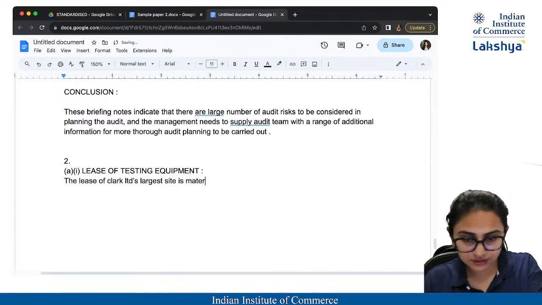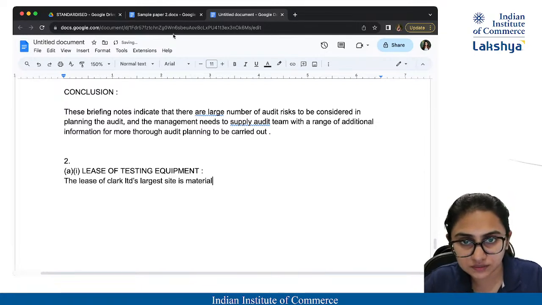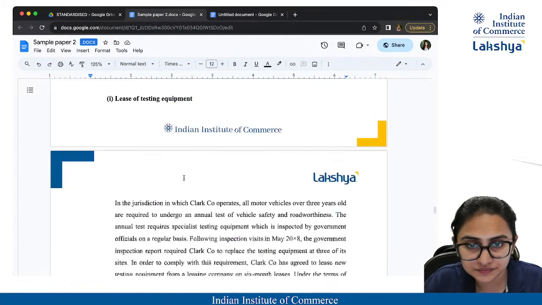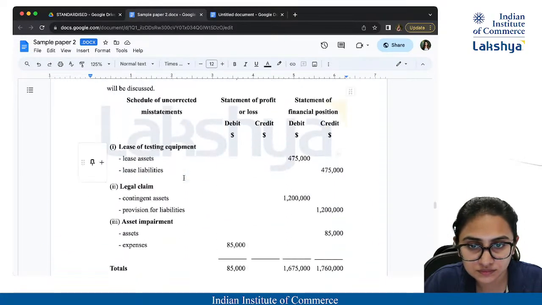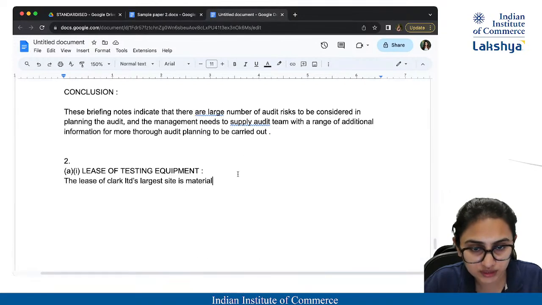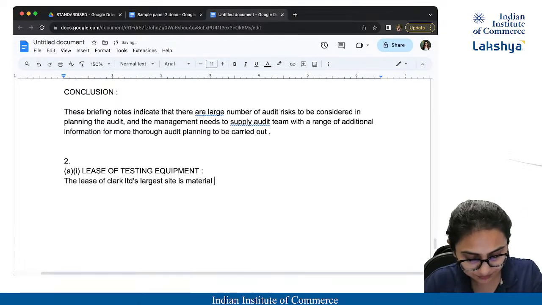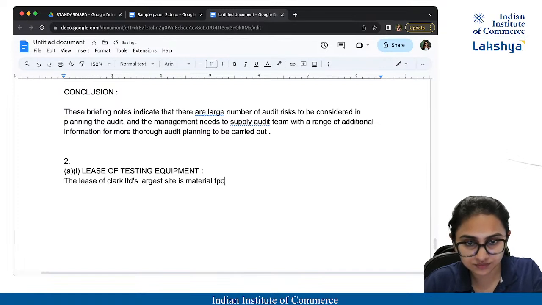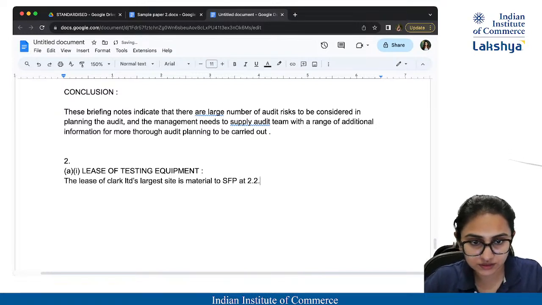Largest site is material. So find out the materiality of that. It is how much of total assets on the statement of financial position: 2.2%.